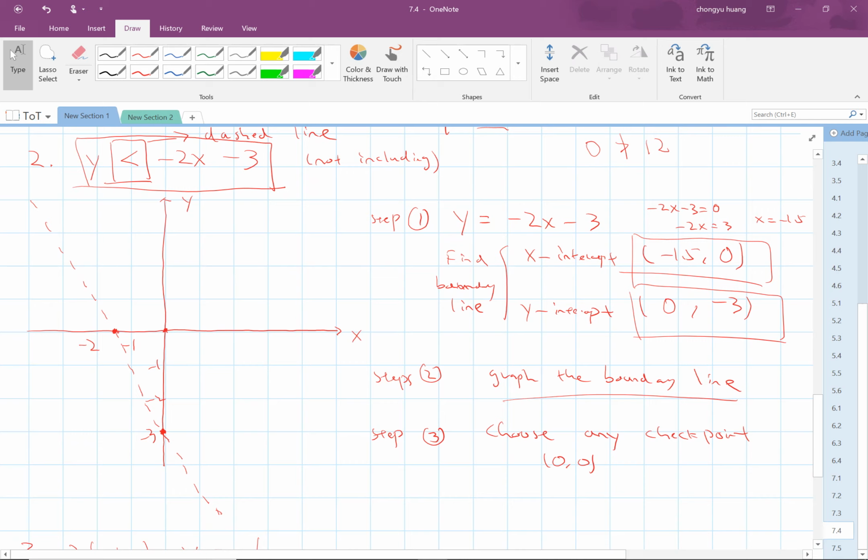Okay, so let's actually do it. So y equals 0. Is 0 less than or equal to negative 2x minus 3? Negative 2x multiplied by 0 is 0. So 0 minus 3 is negative 3. Okay, so let's check the statement: 0 less than or equal to negative 3.